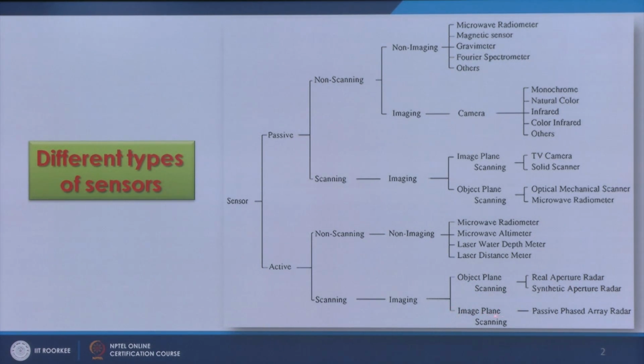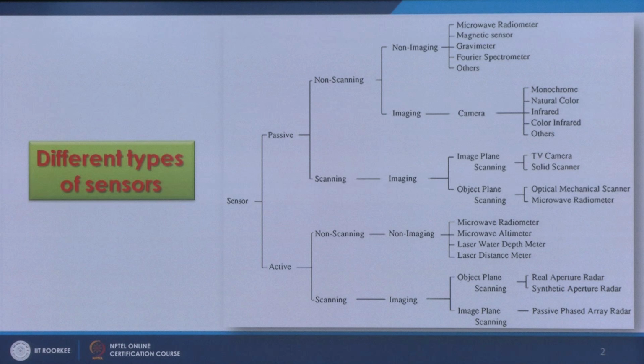And there might be scanning imaging, but image plane scanning. So, these are the different types of sensors that can be there, but the most popular ones are the optomechanical ones, which were there, then synthetic aperture radar and other microwave sensors.